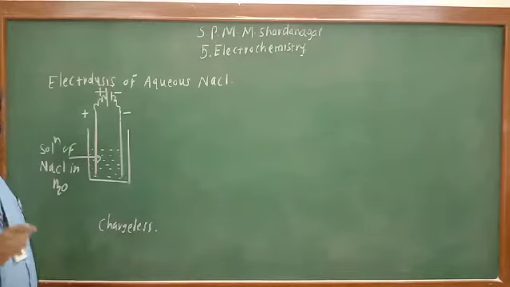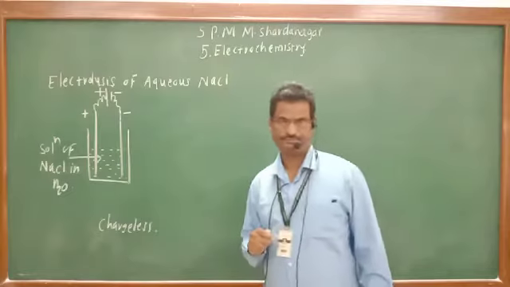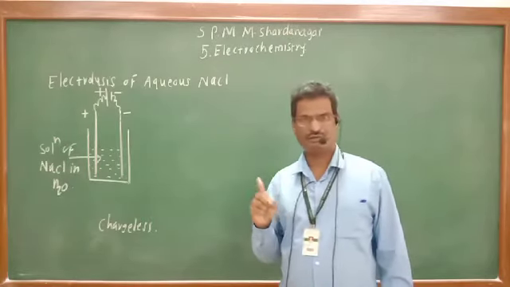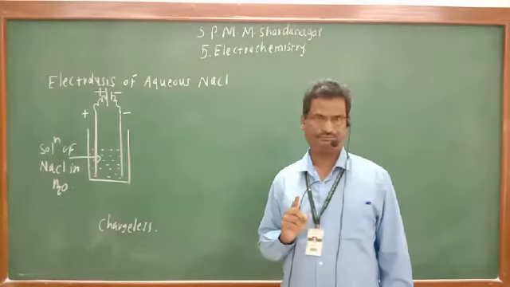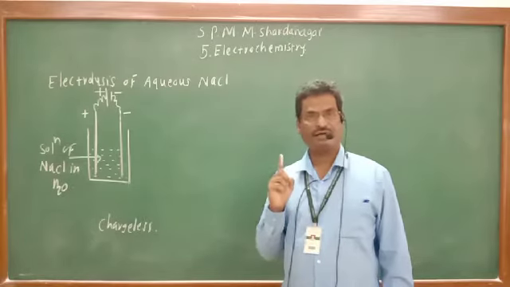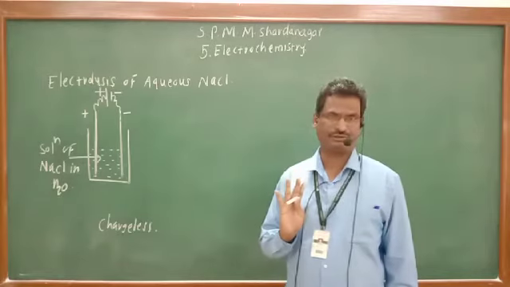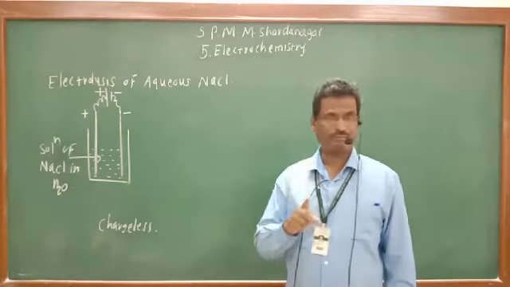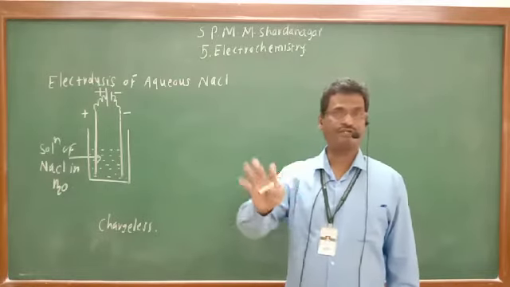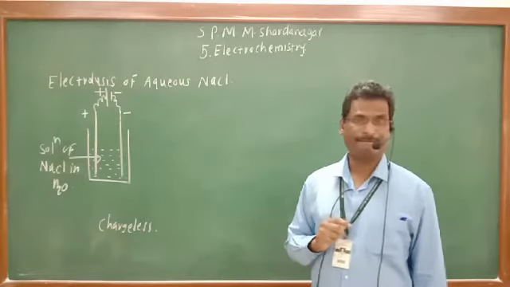But the process at the cathode is always reduction, and the process at the anode is always oxidation, whatever may be the charge. Cathode may carry positive or negative charge, and anode may carry positive or negative charge, depending on the type of cell.